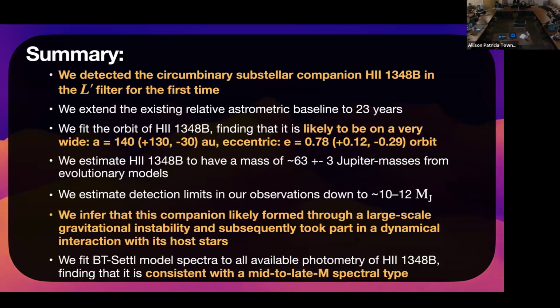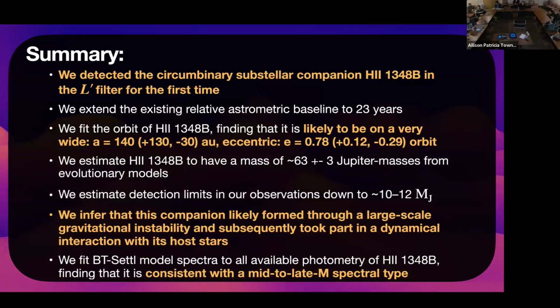And we infer that this likely formed similar to a triple star system, which went through a dynamical interaction sometime in the last 100 million years or so since its formation. And consistent with this mid to late M spectral type, HII 1348B would be expected to be substellar at the age of the Pleiades.